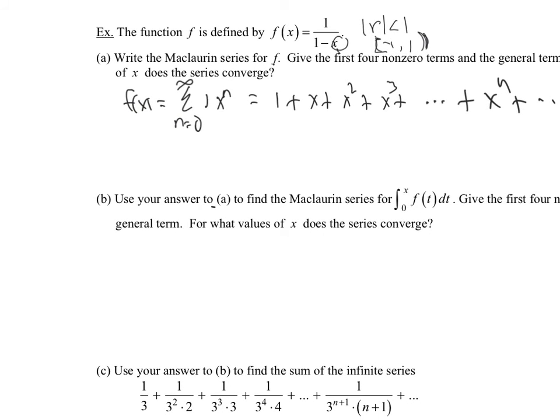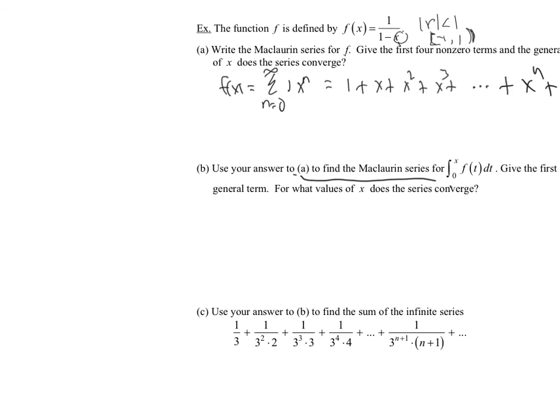And part B, use the answer to A to find the integral of f of x. So the integral from 0 to x of, basically, the integral of the summation as n goes from 0 to infinity of x to the n. Well, I'm going to do it term by term. If I integrate 1, that's an x.